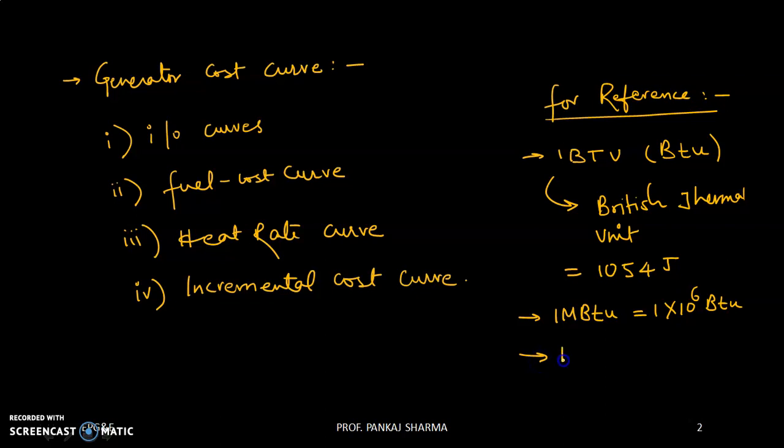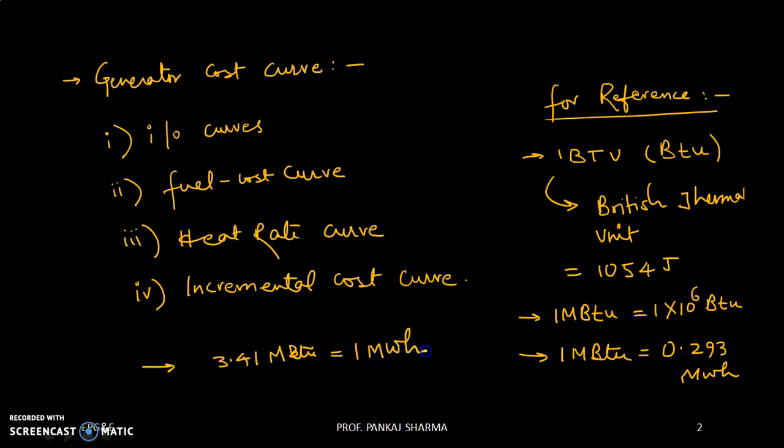Also, 1 mega BTU is equal to 0.293 megawatt hour, and 3.41 mega BTU is equal to 1 megawatt hour.